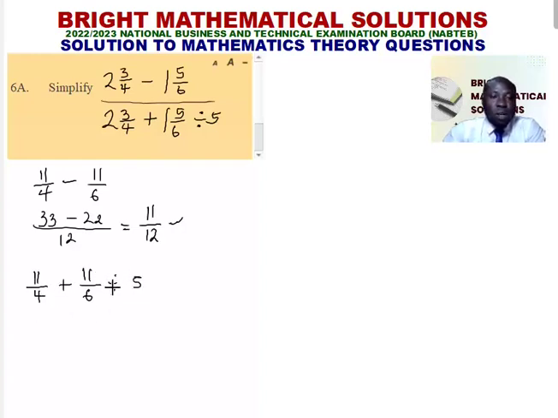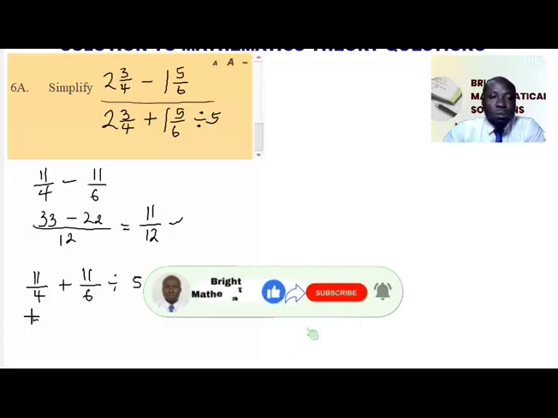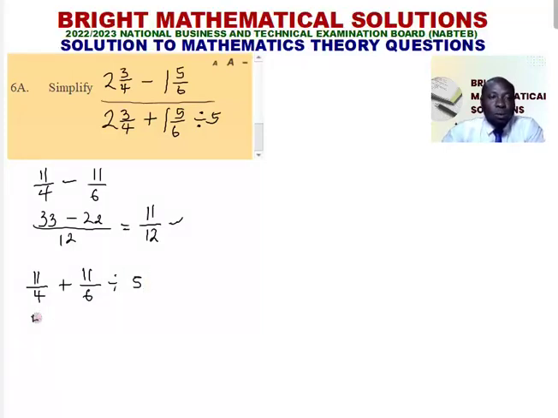So let us convert this to multiplication. This will become 11 over 4 plus 11 over 6 multiplied by 1 over 5.